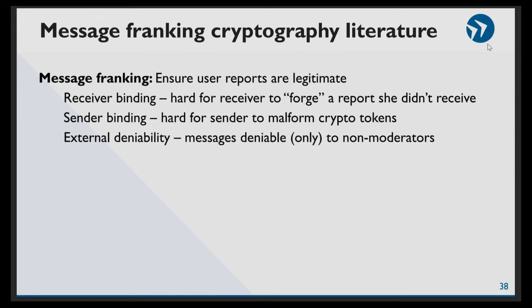Another property that this has is sender binding, where if I'm sending nasty messages, I shouldn't be able to evade the scheme and somehow not get caught sending bad messages. But then it still retains this property that, I'll skip that, it's too complicated for this amount of time.